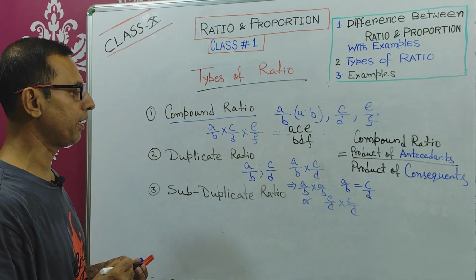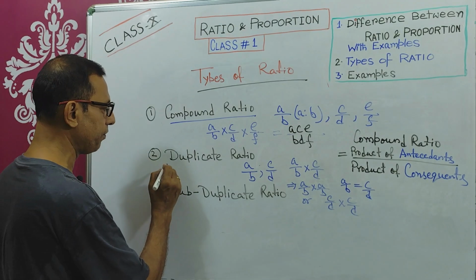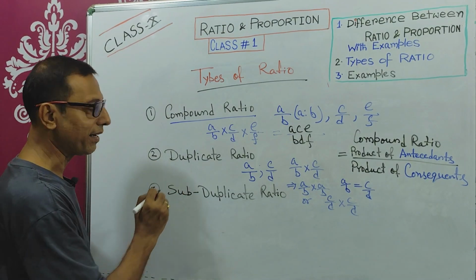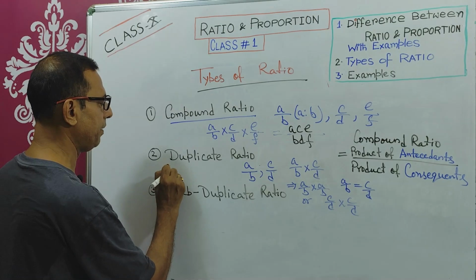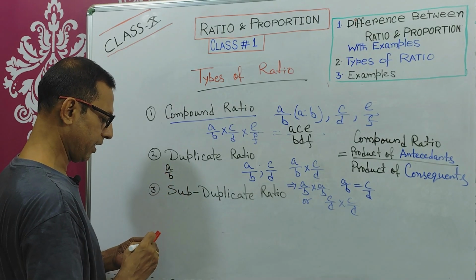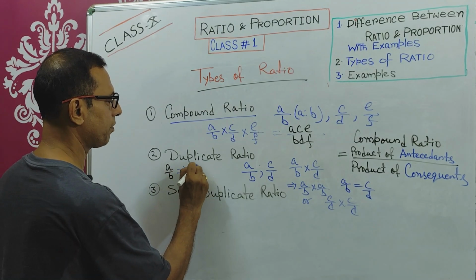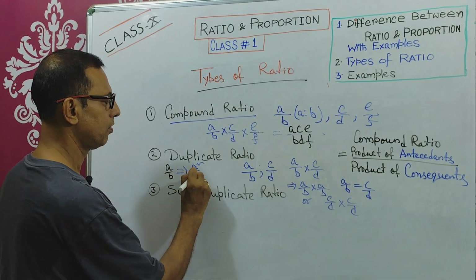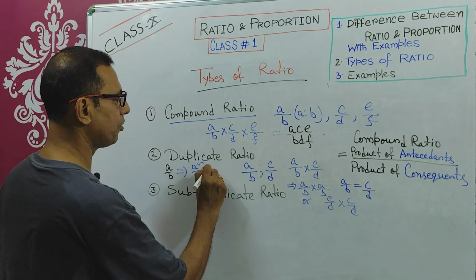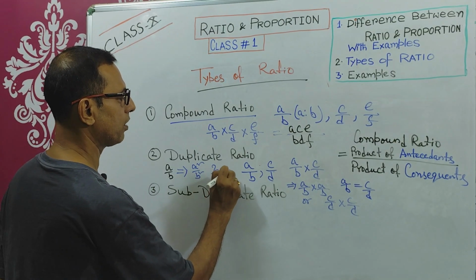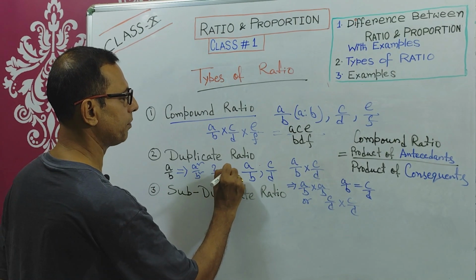Now what is sub-duplicate ratio? If you are asked the duplicate ratio of A by B, you will say it will be A square by B square. Duplicate ratio of 2 by 3 equals 2 square by 3 square, that means 4 by 9.